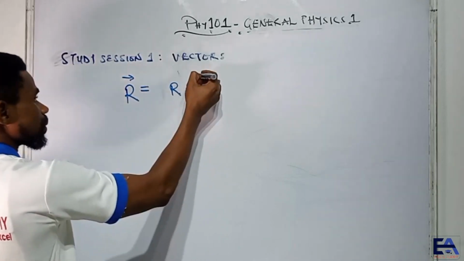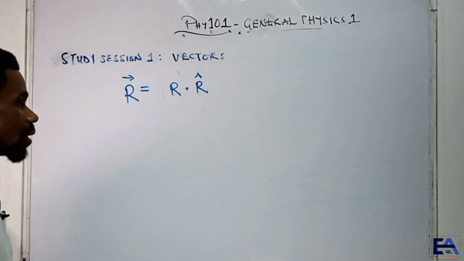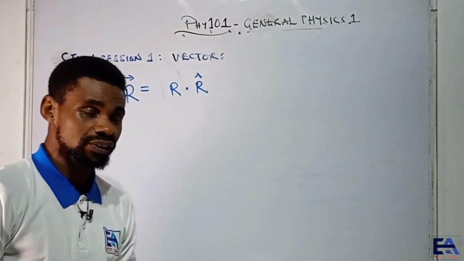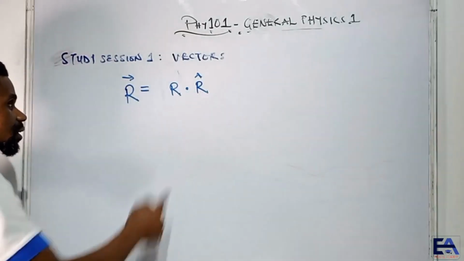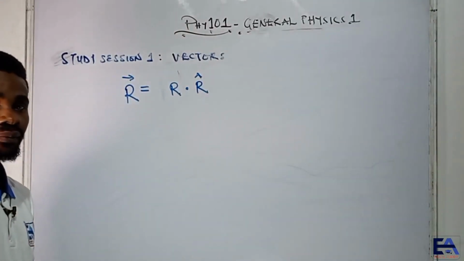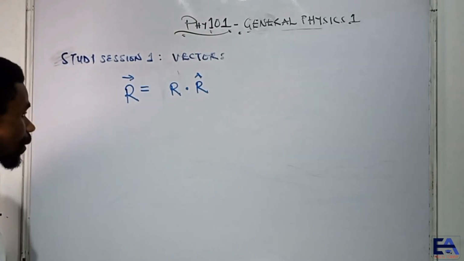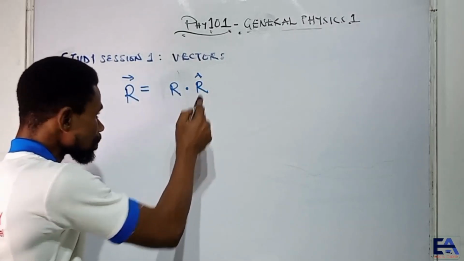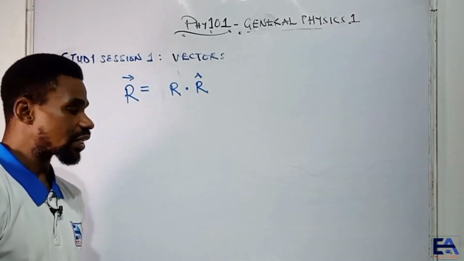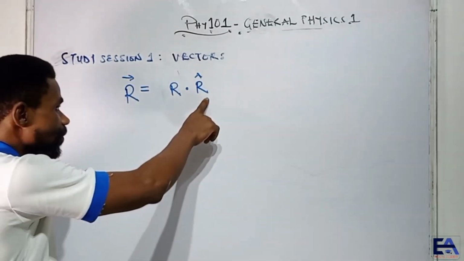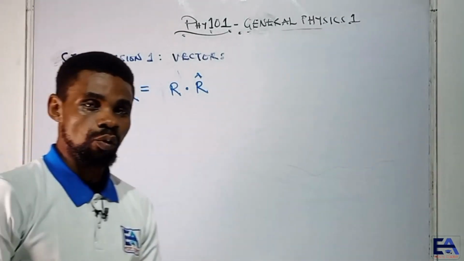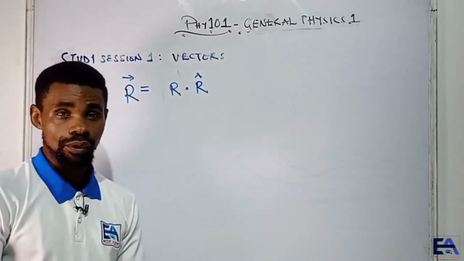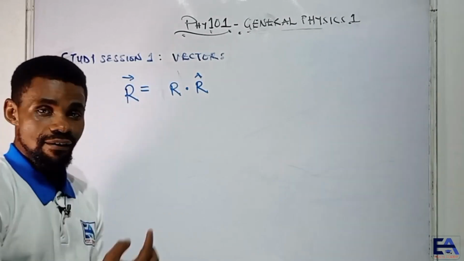The unit vector is represented by a cap sign. Every vector R is equal to the product of the magnitude multiplied by its unit vector. A unit vector is a vector whose magnitude is equal to 1. A vector that has a magnitude of 1 is called a unit vector.